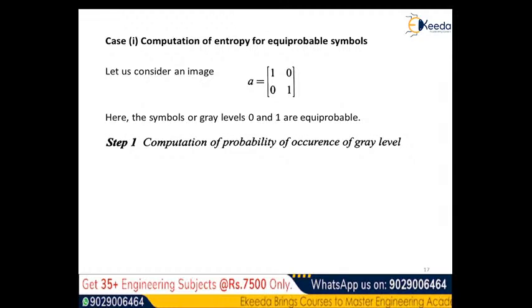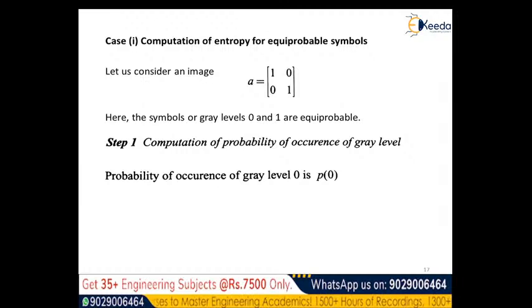So we have only two gray levels or symbols. The first one is 0. We write the probability of occurrence of gray level 0 as P of 0, and we have just counted that it is 2 divided by 4, which we can reduce to 1 divided by 2.